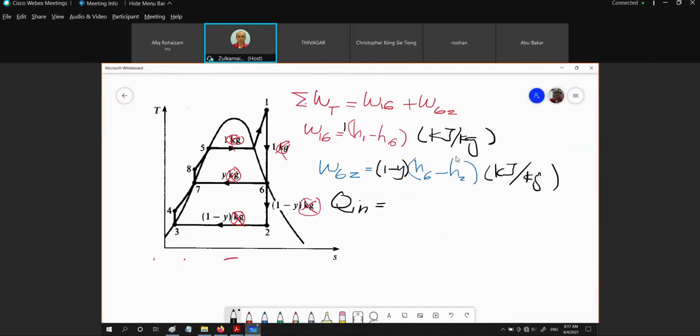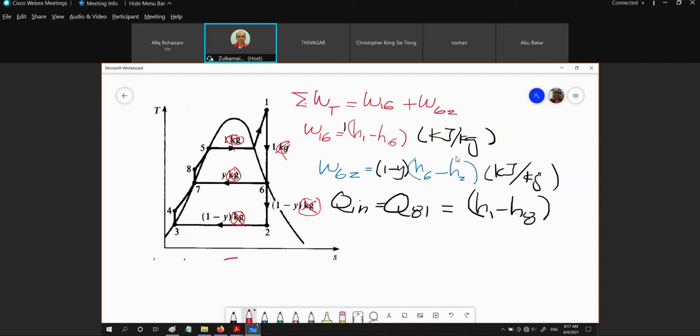So as far as the Q in is concerned, this is equal to Q81, which is equal to H1 minus H8.